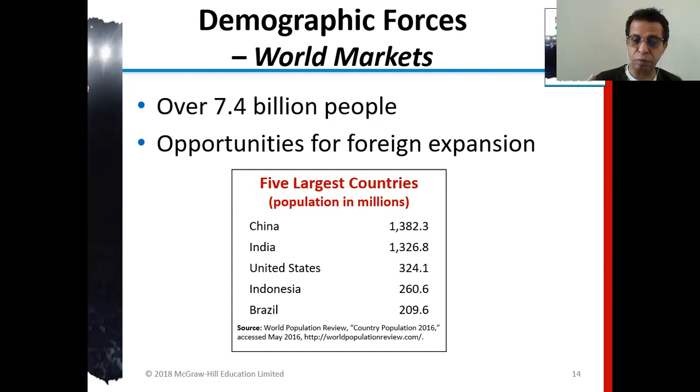This is based on population, but if you look at it based on individual income, it is different. The GDP is different from the GNP, and both are different from the population. So as a marketer, you need to differentiate between all these details, which we will talk about maybe in later chapters.